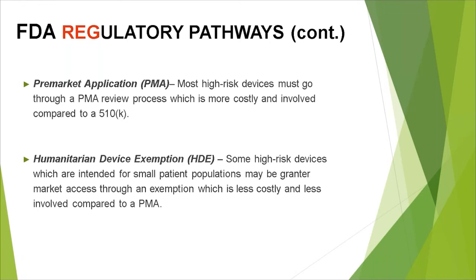So FDA has created like an abbreviated PMA process, which has lower requirements and quicker review times for companies who want to market a high-risk device for a small patient population. It's to encourage manufacturers to try to treat diseases which only affect small populations.